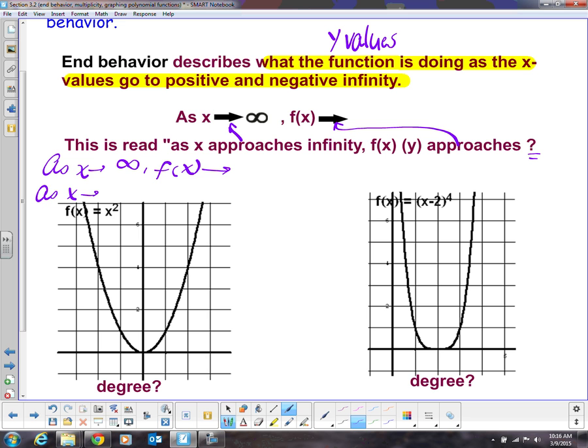As x approaches negative infinity, f of x approaches. So, as we go to the right forever, what are the y values doing? Going up forever. As x's go left forever, what are the y values doing? Going up forever. What's this degree?